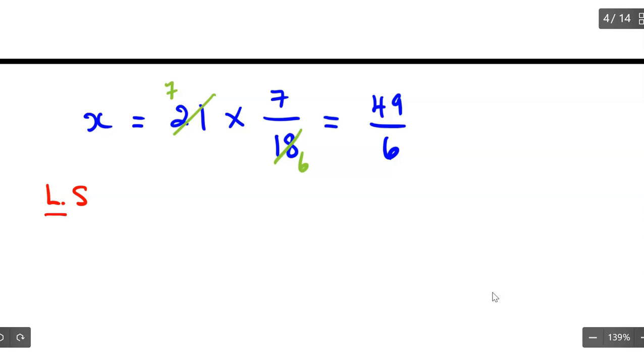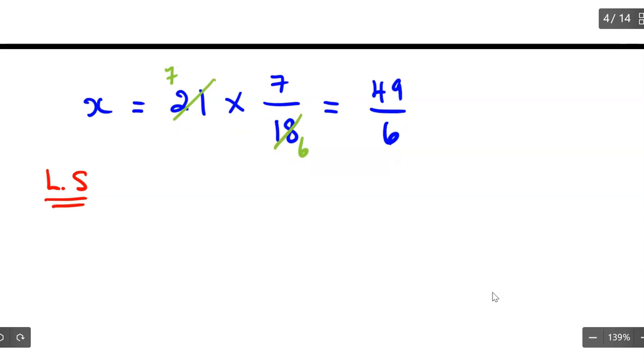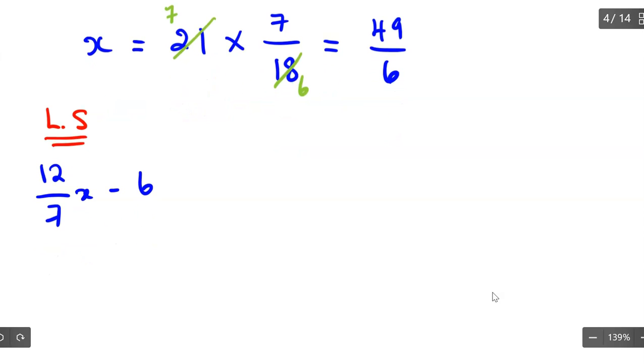Left side equal to, and then the right-hand side equal to. So the left-hand side is equal to 12 over 7x minus 6. That means 12 over 7 times 49 over 6, subtract 6.